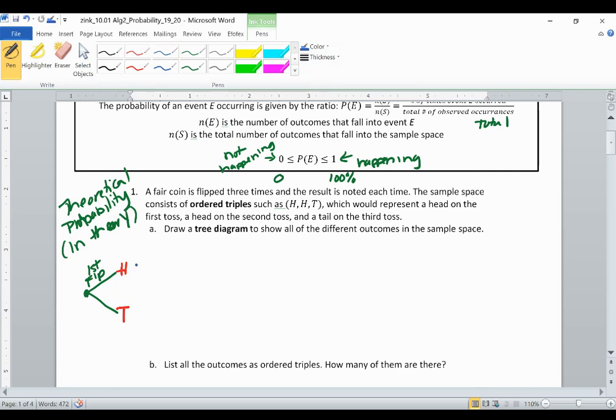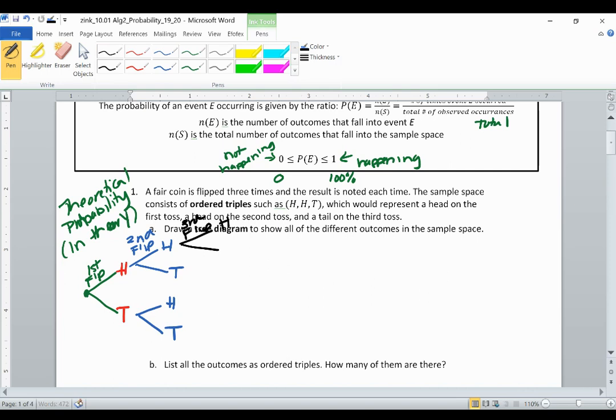So let's say I got a head on the first flip. Now what could happen on the second flip? For the second flip, I could again get heads or tails. Let's say I got a tail on the first flip. What could happen on the second flip? I could again get heads or tails. And then on the third flip, we could say I got heads the first, heads the second.